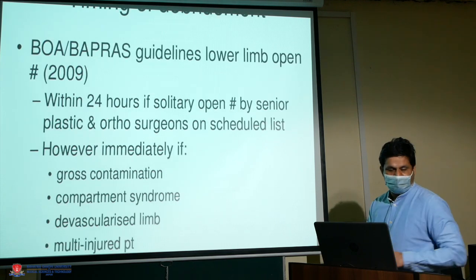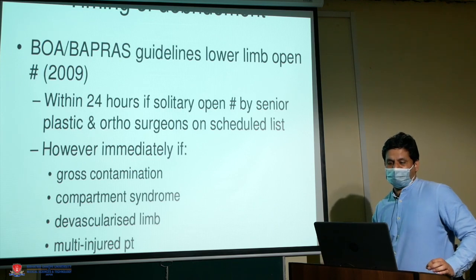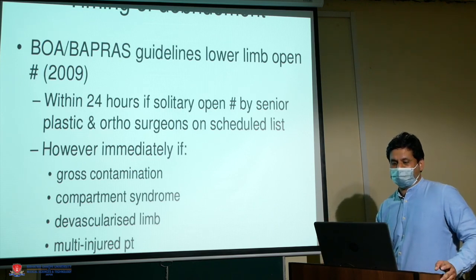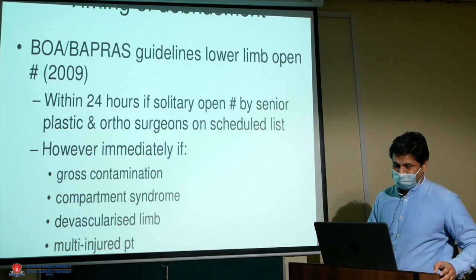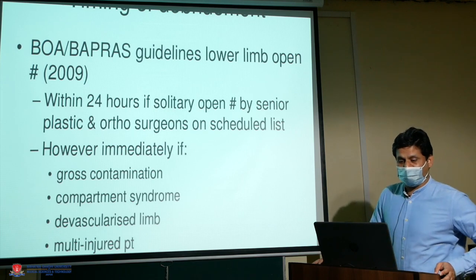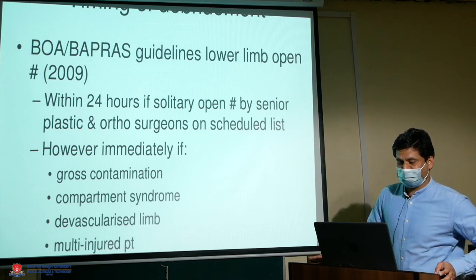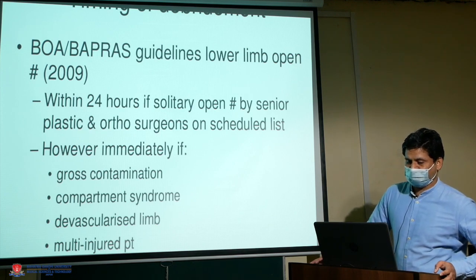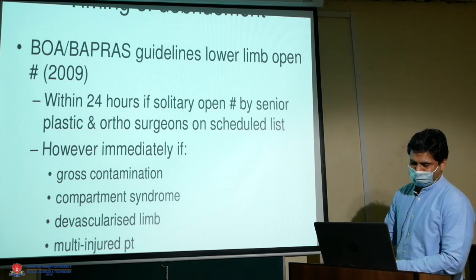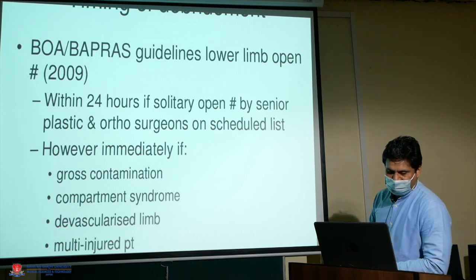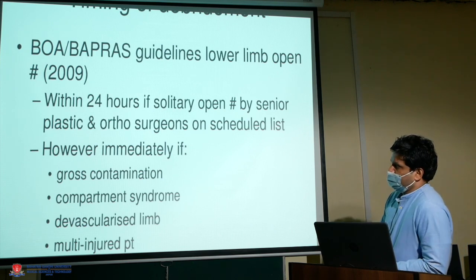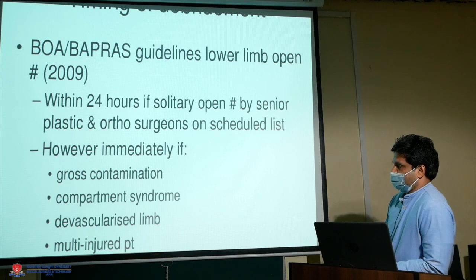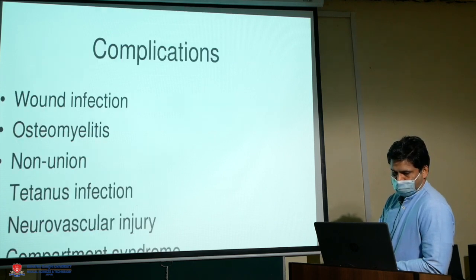So according to BOA and BAPRAS guidelines, the lower limb open fracture 2009, within 24 hours, if solitary open fracture, then by senior plastic surgeon and ortho surgeon on a scheduled list have to manage it. However, immediately if gross contamination, compartment syndrome, devascularized limb and multi-injury patient, then we have to manage it immediately.